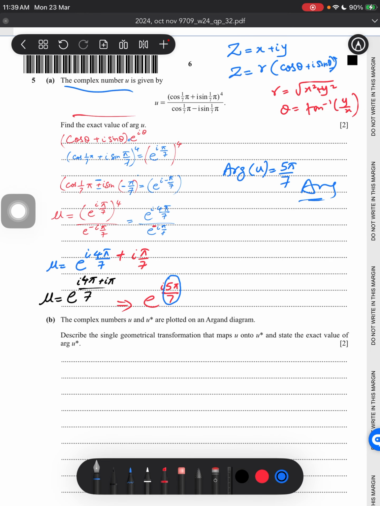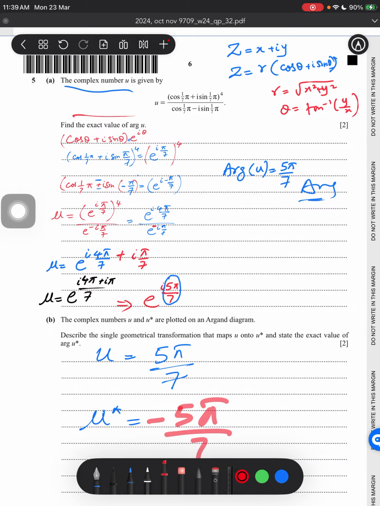We already have the argument of u with us, 5 pi by 7, and the argument of the conjugate, u star, would be negative. But we need to describe the geometrical transformation that maps u onto its conjugate and state the value. We already have the argument.